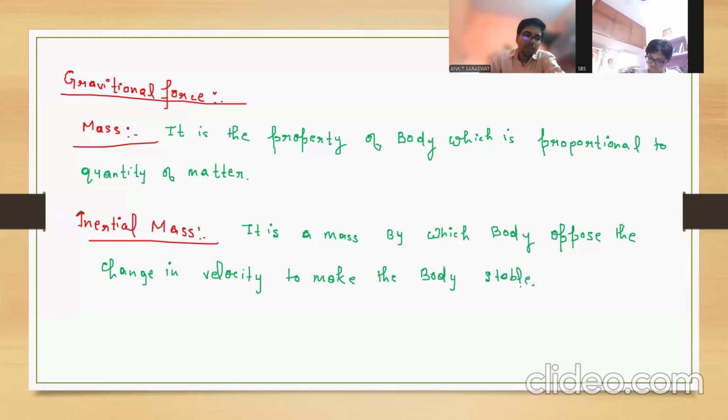So it is a mass by which body opposes the change in velocity to make the body stable.